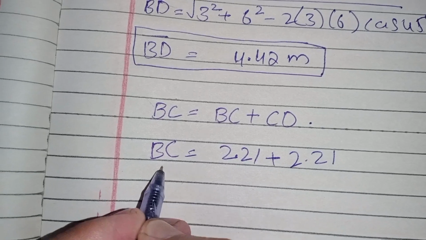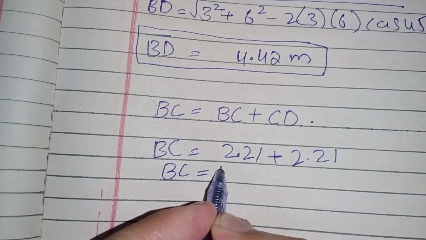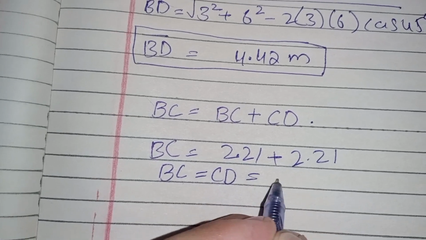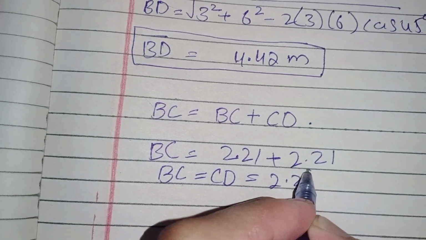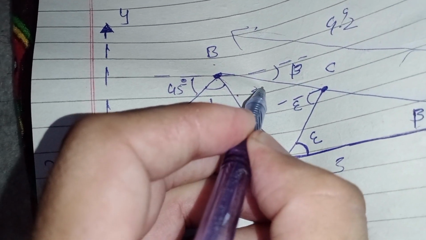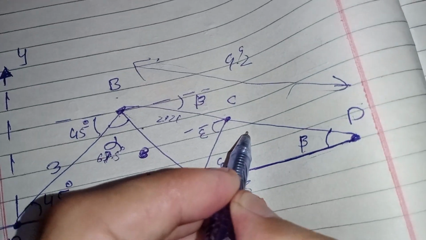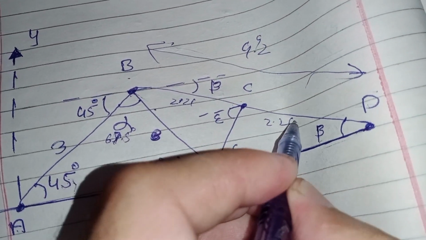Okay, so BC equals CD equals 2.21. This length is 2.21 meter, and this is also 2.21 meter.